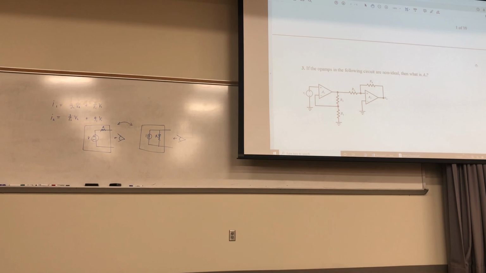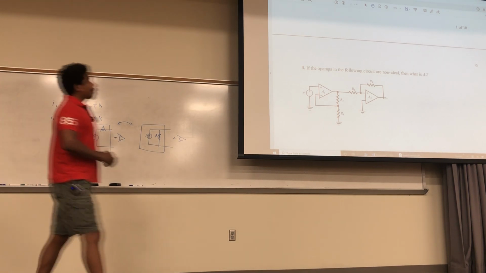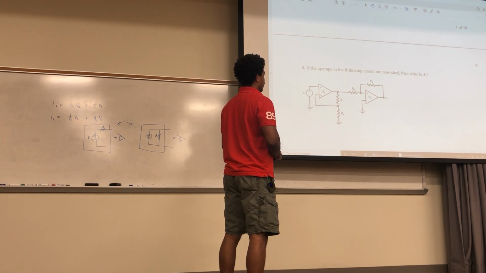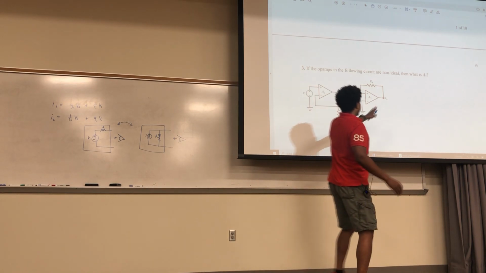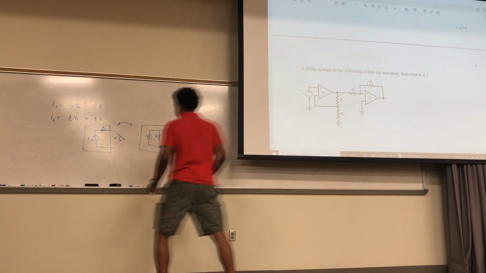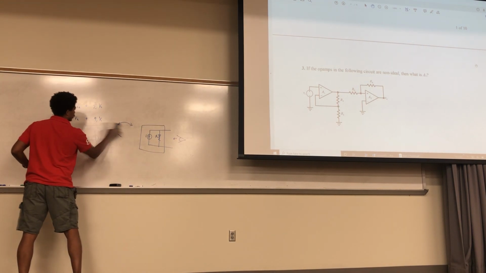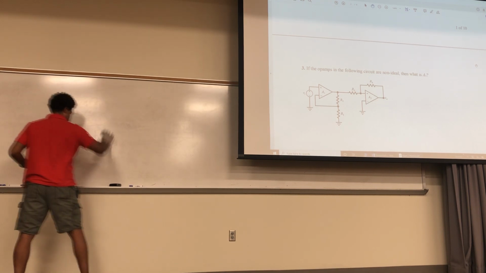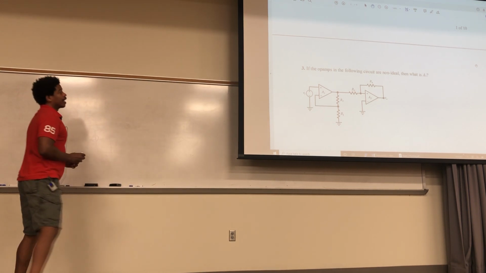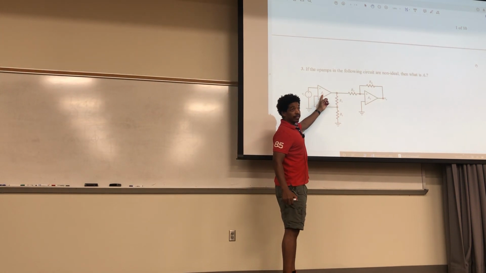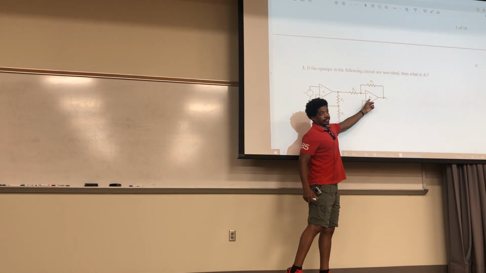Okay, on this right here, it says, if the op amps in the following circuit are non-ideal, then what is AV? So for AV, it is the overall output divided by the overall input. Now they're non-ideal, so you're going to have to consider the gains that are listed on them.